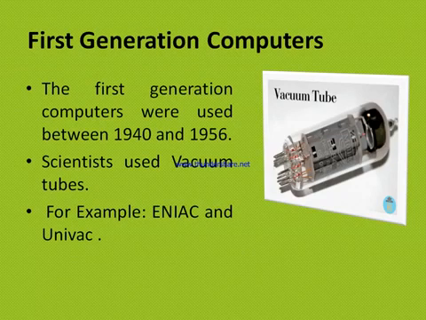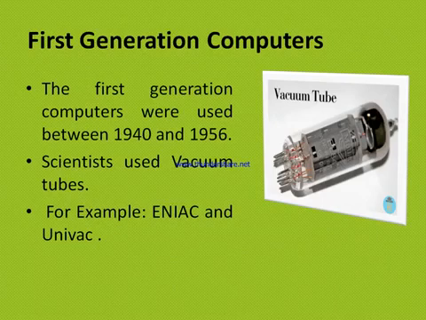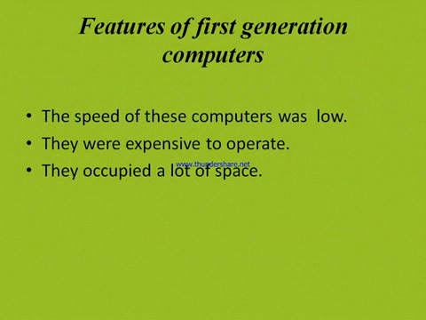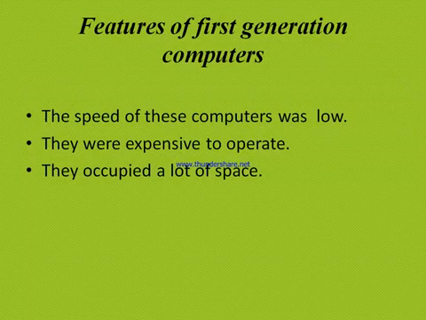Look at this picture carefully and keep it in your mind, because we have an activity related to these pictures coming up. The features of first generation computers are: the speed of these computers was low, they were expensive to operate, they occupied a lot of space.